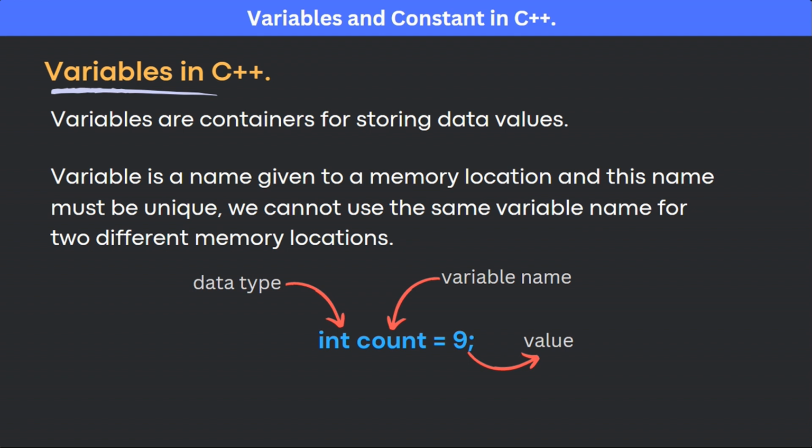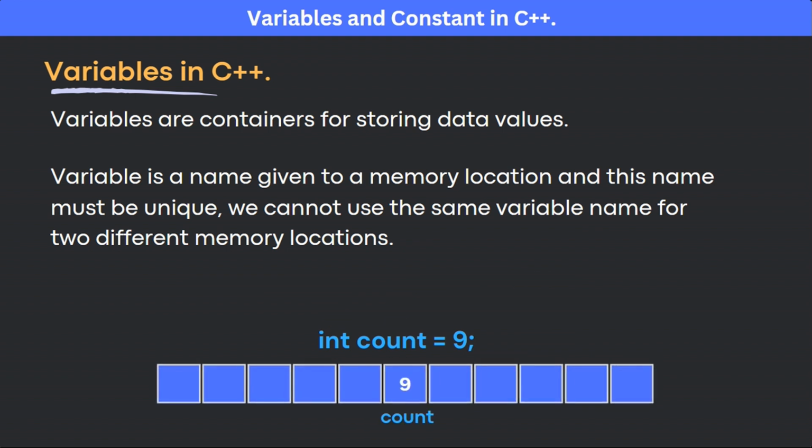So here we have given a name to a particular memory location, and that name is count, and we can store the data value of integer type in that particular memory location. So this int decides what kind of data we are going to store, and this is a variable of integer type. We are going to cover data types in detail in our upcoming videos. I've just taken one example to make you understand what a variable is.